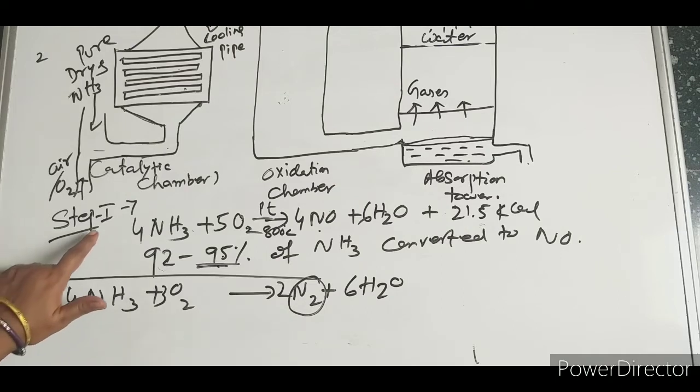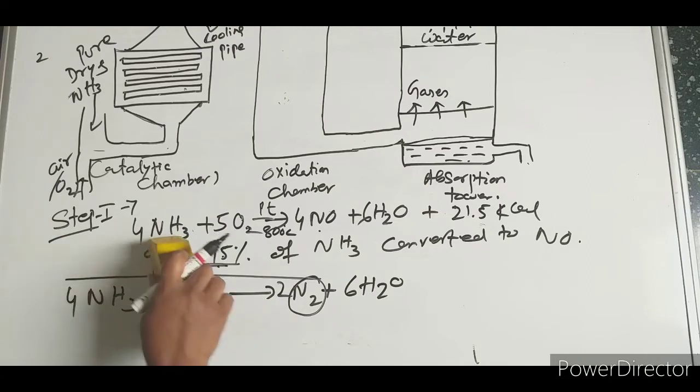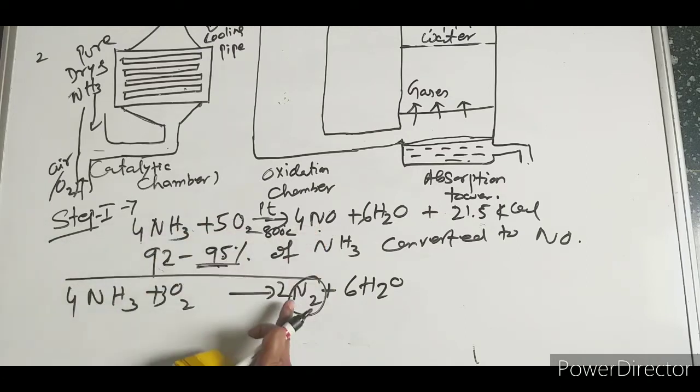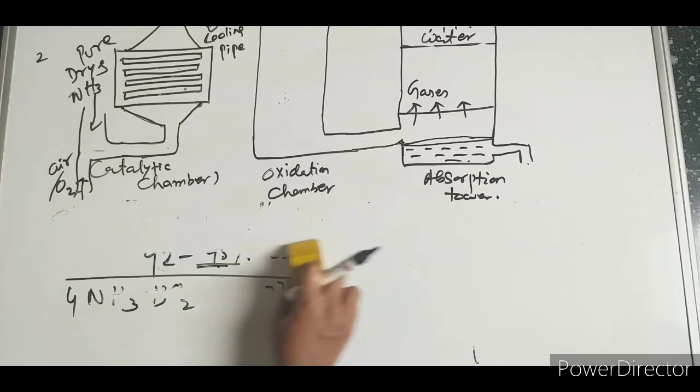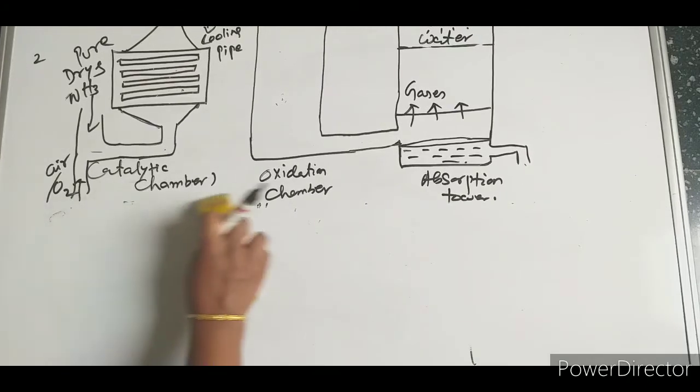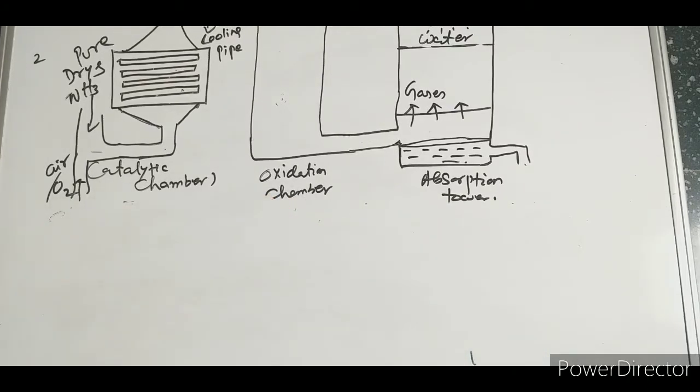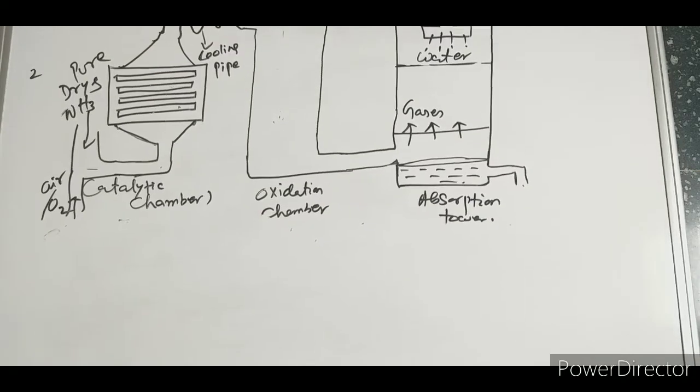So this one will be step 1: ammonia converted to NO. Some of the ammonia is converted to nitrogen. Then we will go for step 2. Before step 2 we have something else also, that is the cooling pipe.